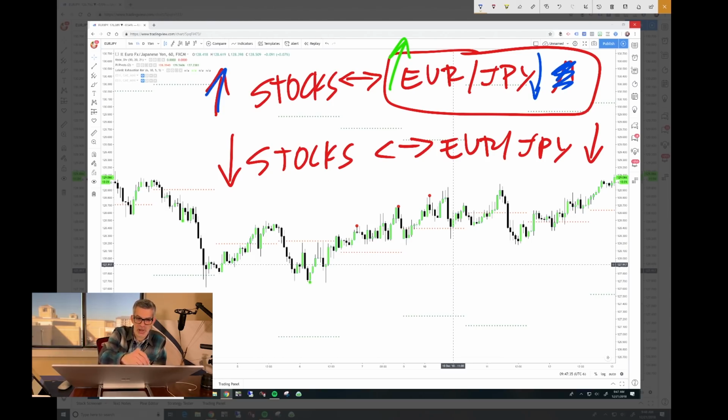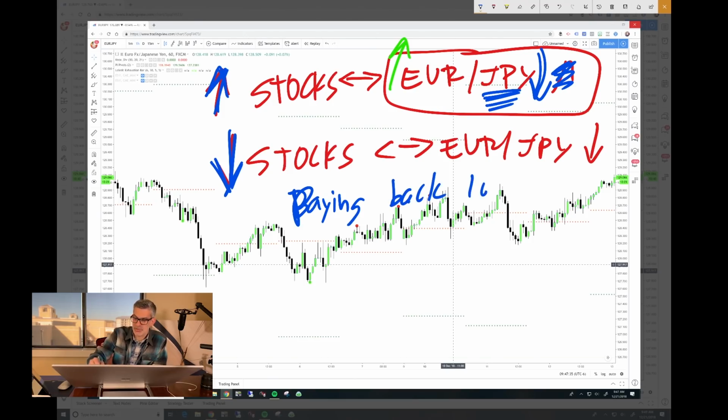So if stocks go up, once again to review, that means that investors are borrowing money in yen, selling yen, so it's going down, and then taking those proceeds and buying stocks. But when stocks are dropping, they are paying back loans in JPY.